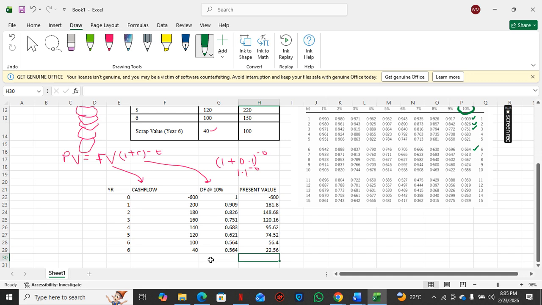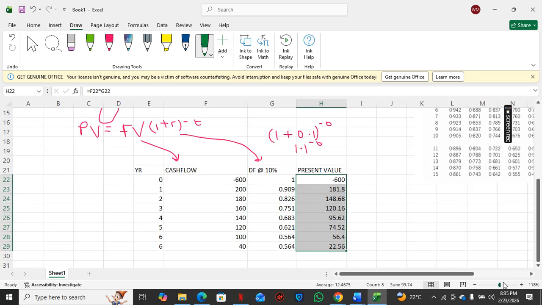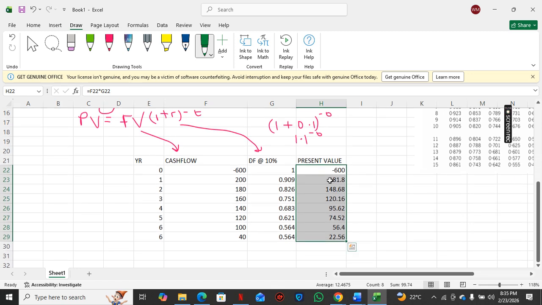Okay, so the next thing, now you get the net present value, meaning you just add all of these up. Negative 600 plus 188.1, let me just put it like this.